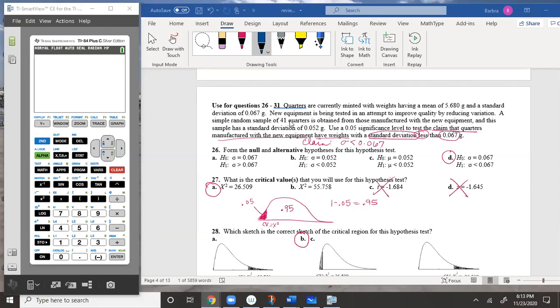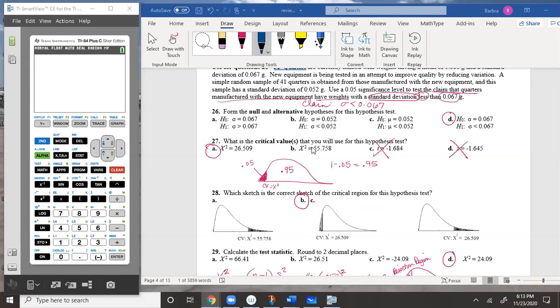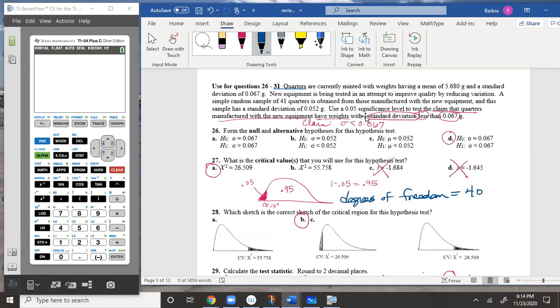Since we have a sample of 41 quarters, the degrees of freedom is 40. And the area in the left tail, because we have a significance level of 0.05, is 0.05. And because it's less than, we knew this is a left tail test.